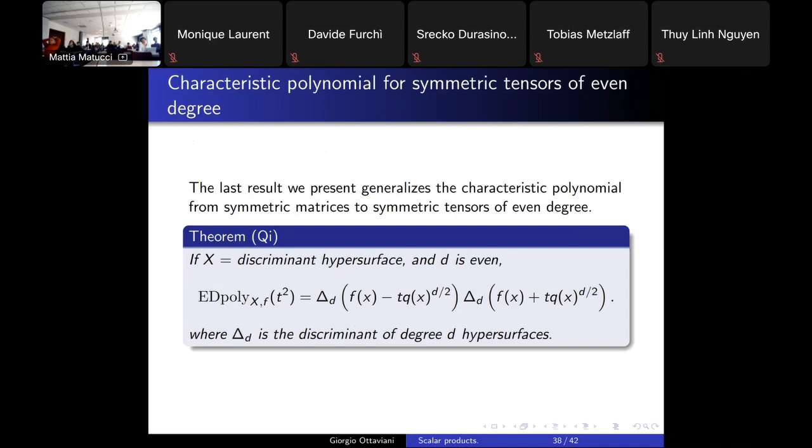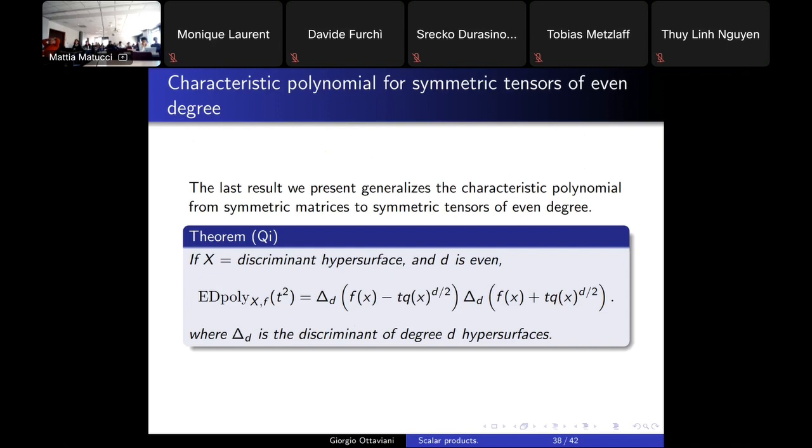This is the discriminant of what? Of f minus a multiple of your favorite quadric, which defines the metric on V, to the power d half. d is even, and so this is a quadric to the power d half, so the degree is d, and they separate.